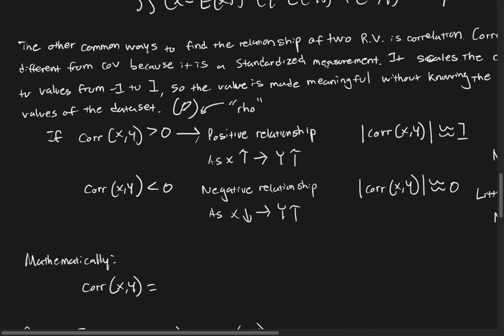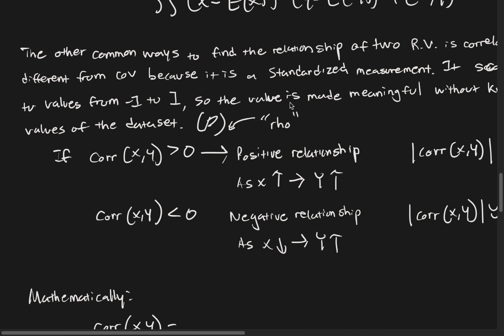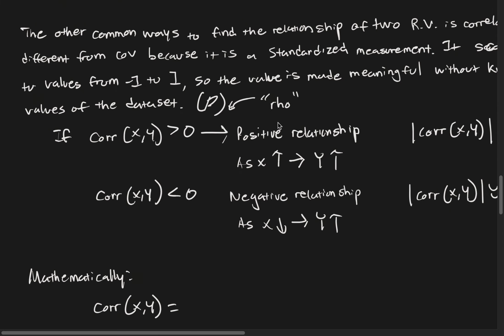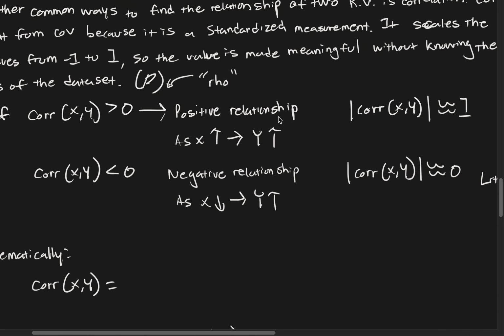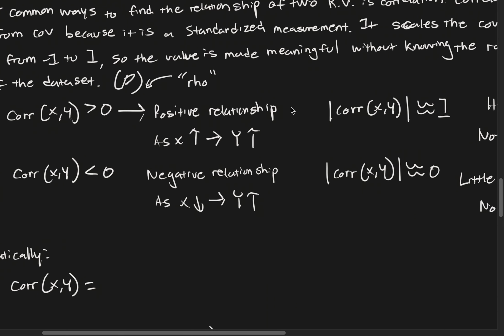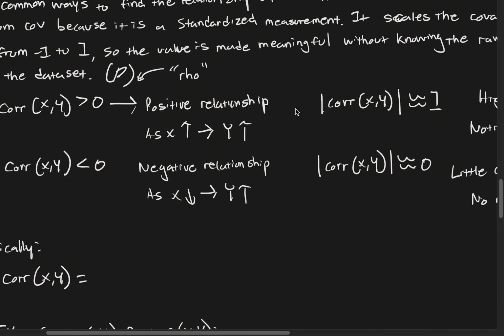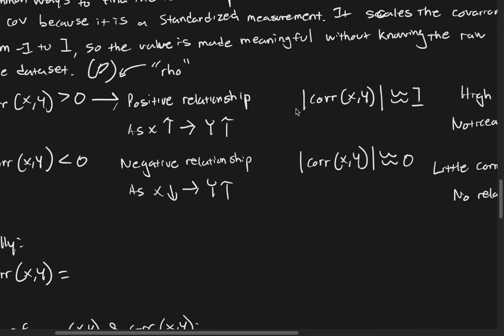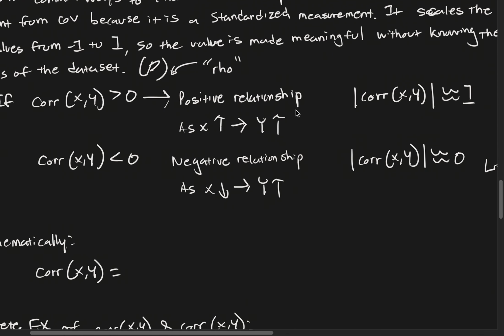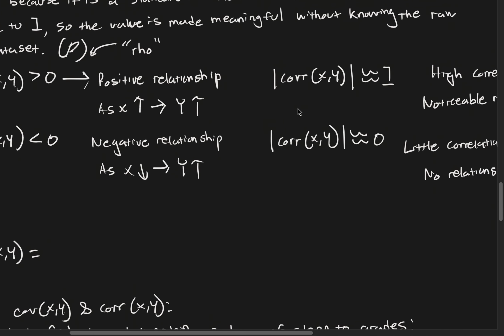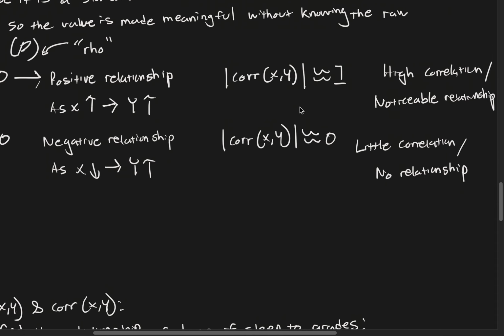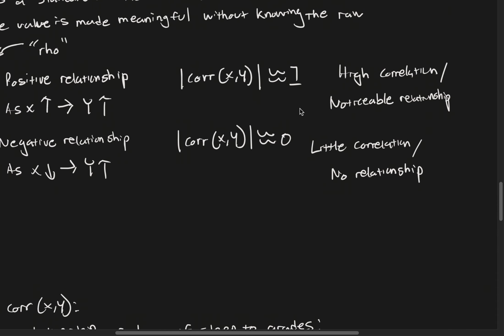If you see other notes relating to correlation, you'll see it as a slanted p, which is pronounced as rho. Okay, so if the value of the correlation between x and y is greater than 0, there is a positive relationship. So as x increases, y increases. If the correlation is less than 0, there's a negative relationship. As x decreases, y increases, or as x increases, y decreases.